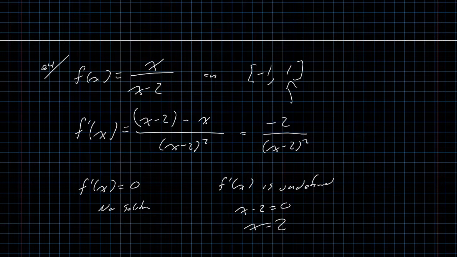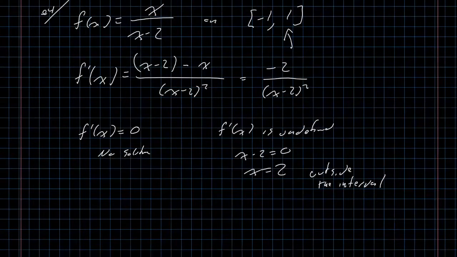But we only care about what's happening on the interval from -1 to 1. Because this is outside the interval, we don't have to think about it, and we only can worry about those two endpoints.